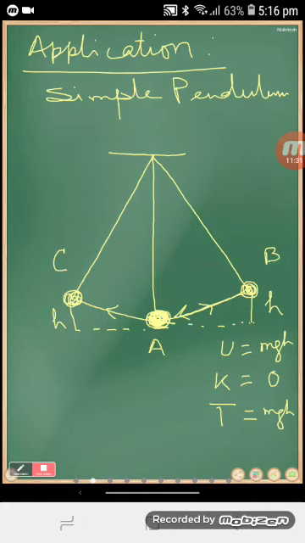At position A it will have the maximum velocity, which is given by the formula v equals under root 2gh. This is the velocity at A.